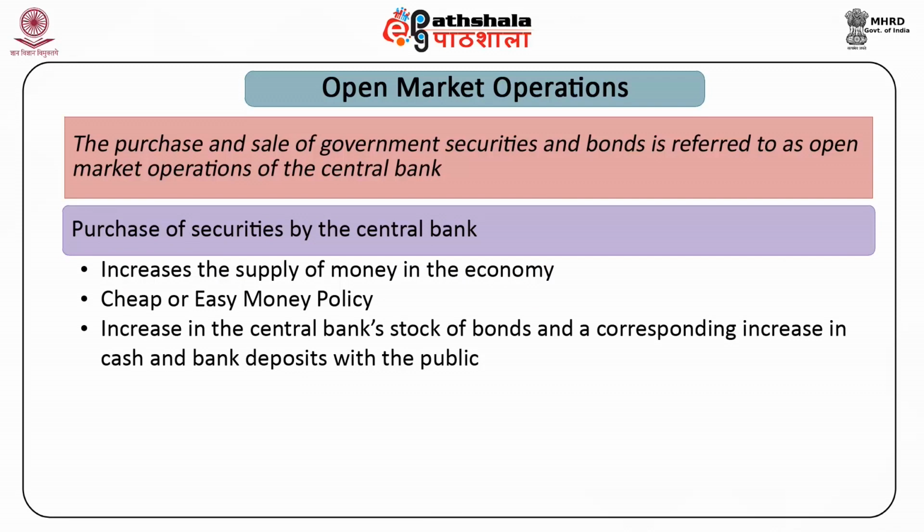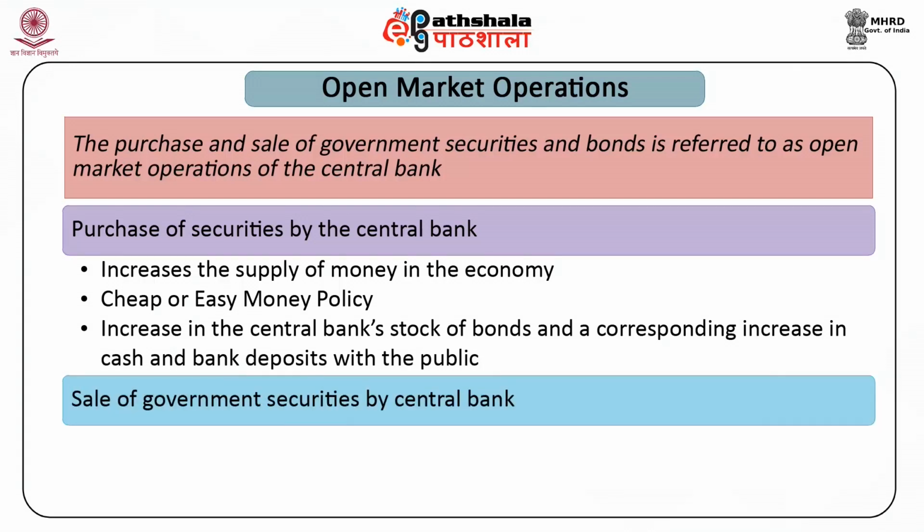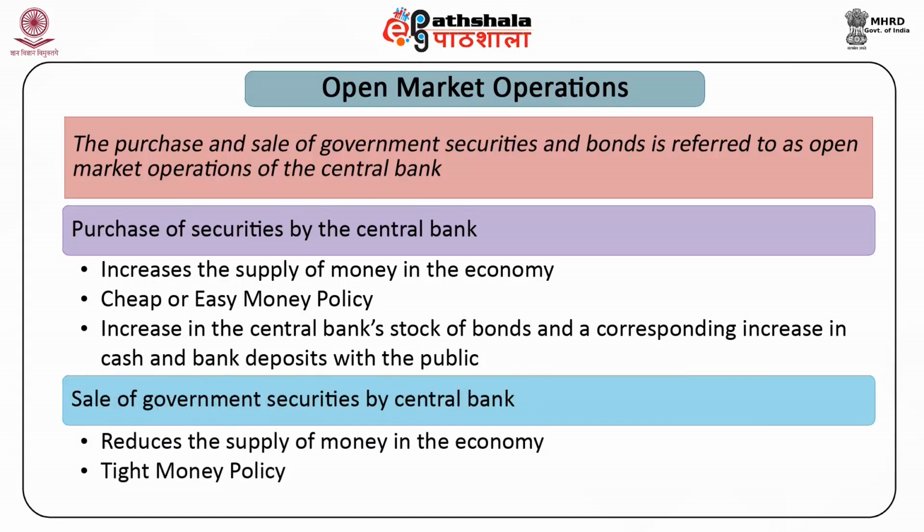This is referred to as cheap or easy money policy, which involves an increase in the central bank's stock of bonds and a corresponding increase in cash and bank deposits with the public. On the other hand, a sale of government securities by central bank reduces the supply of money in the economy. This is referred to as tight money policy.